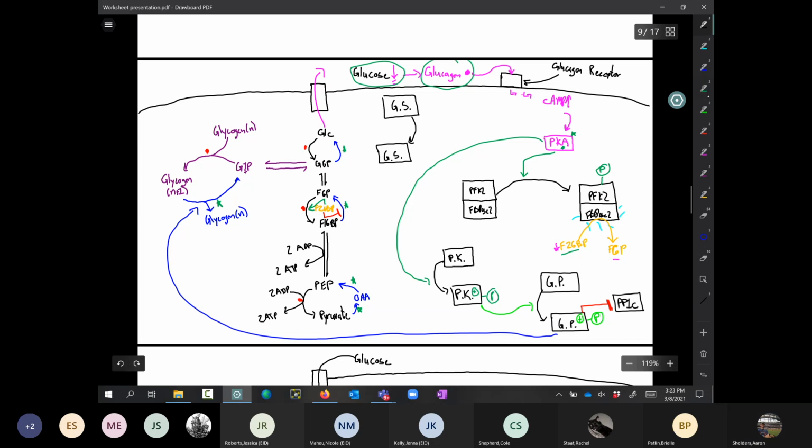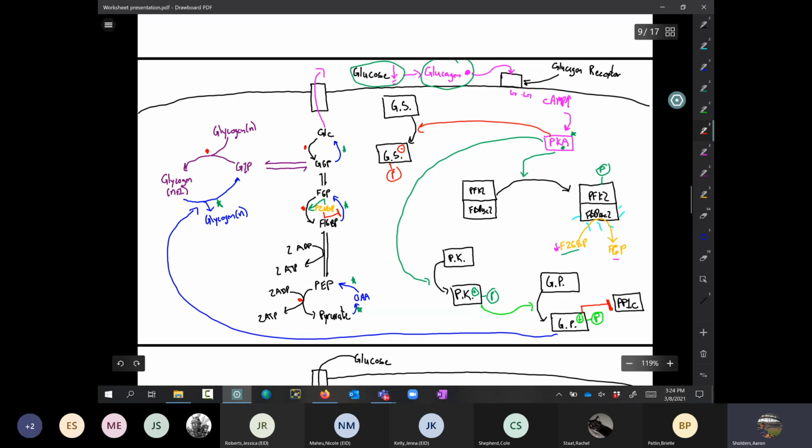So we put another phosphate on this. It's going to do this. However, maybe I should have used a different coloring scheme. I think I will. I'll use red. It's going to phosphorylate this. It's going to inhibit it.